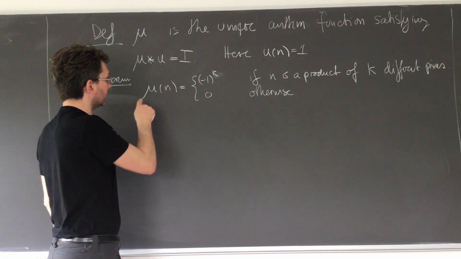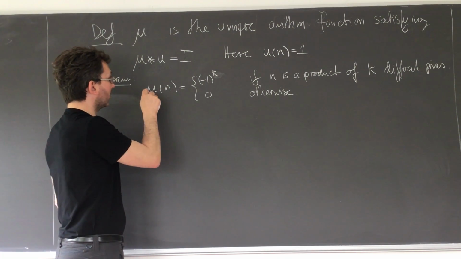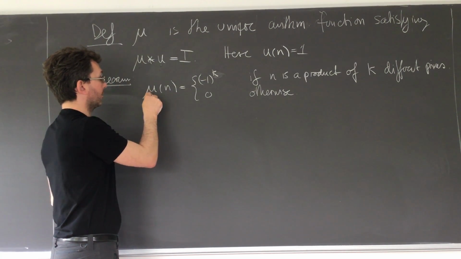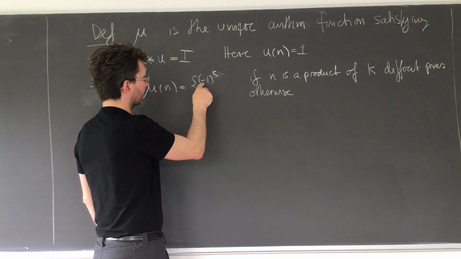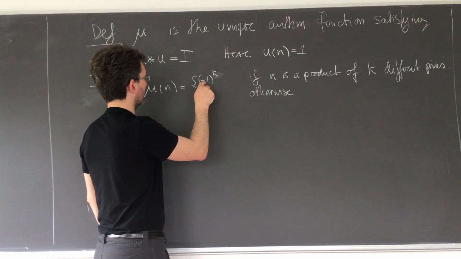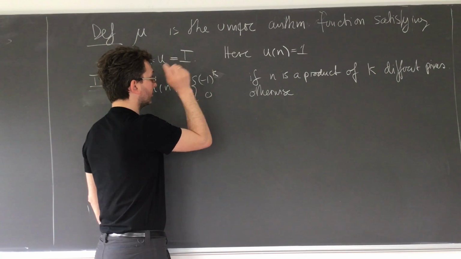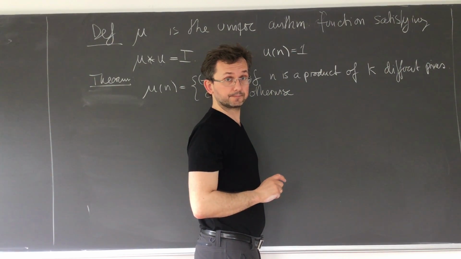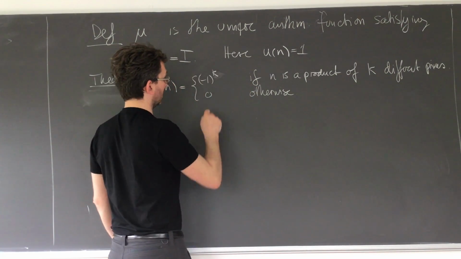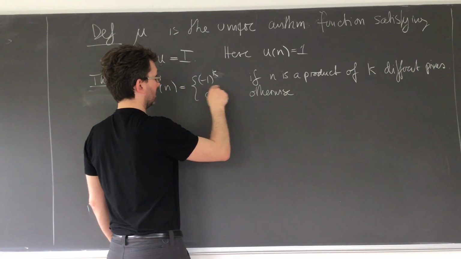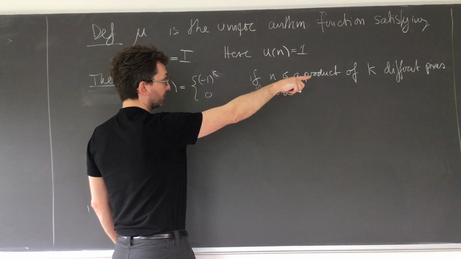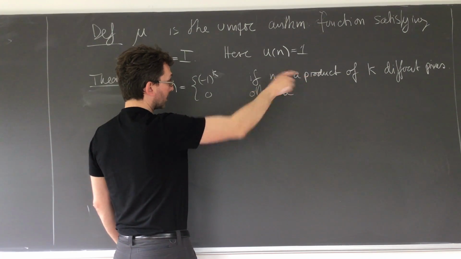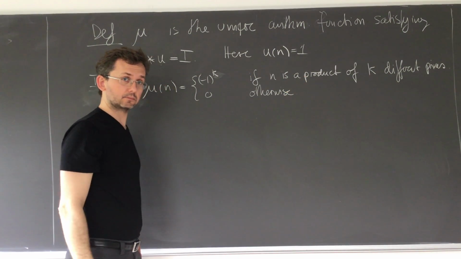Now the theorem says that there is a formula for the Mobius function. It's given by minus 1 to the k, if n is the product of k different primes. If n is not a product of k different primes, then it's 0.